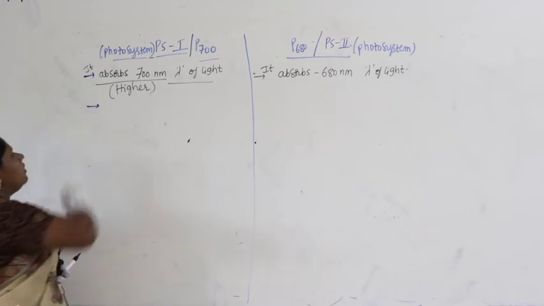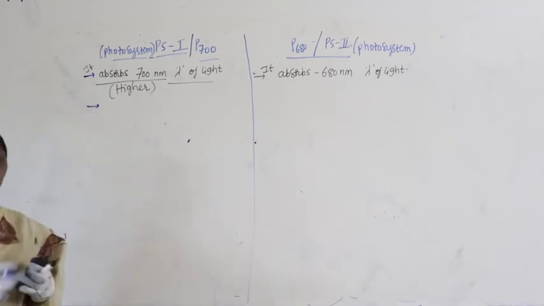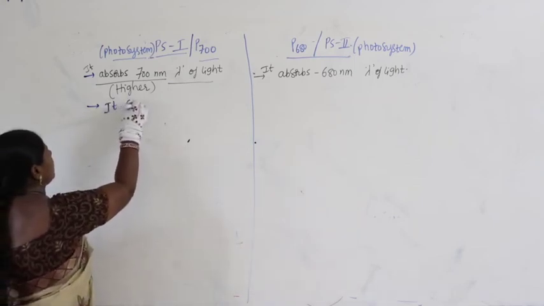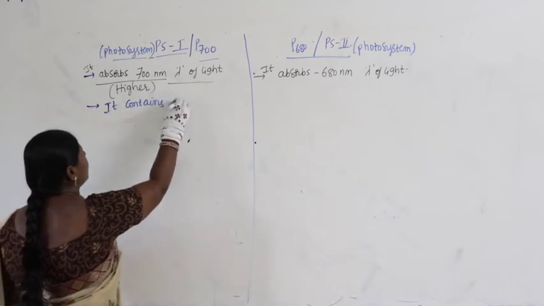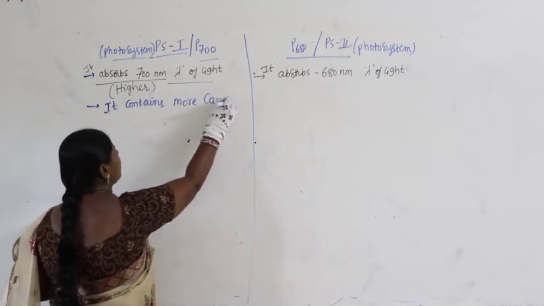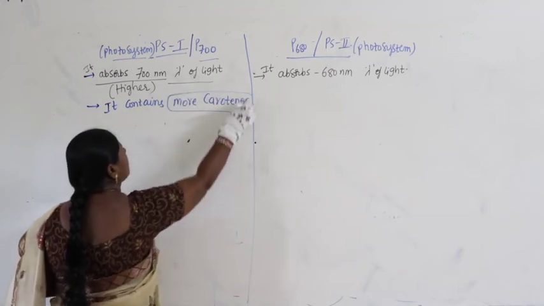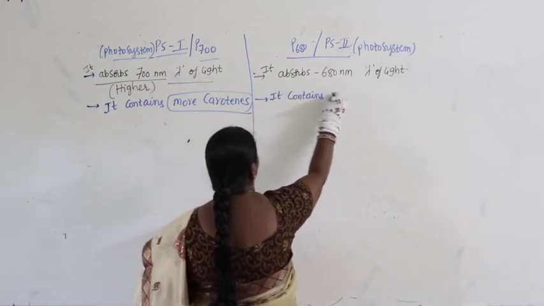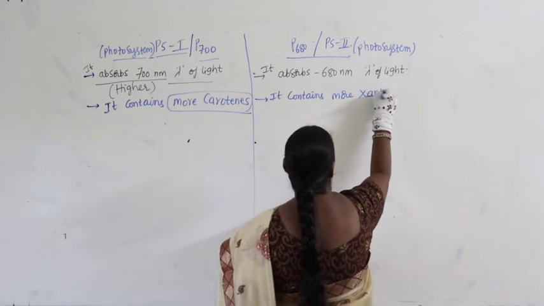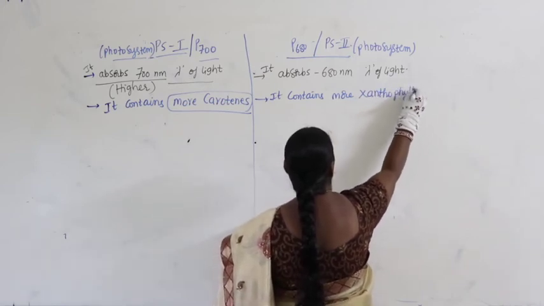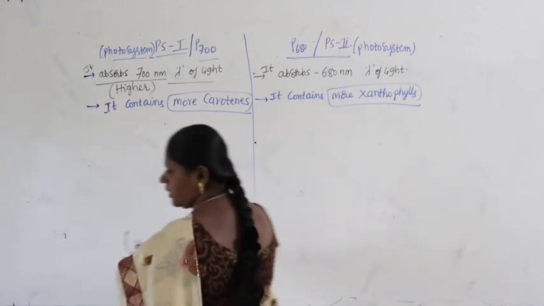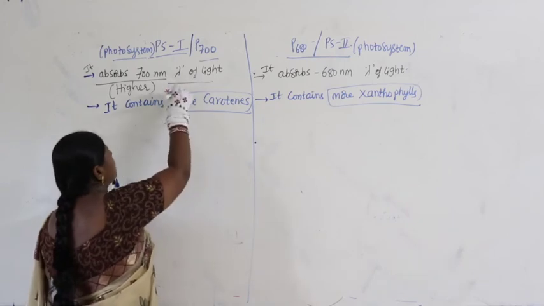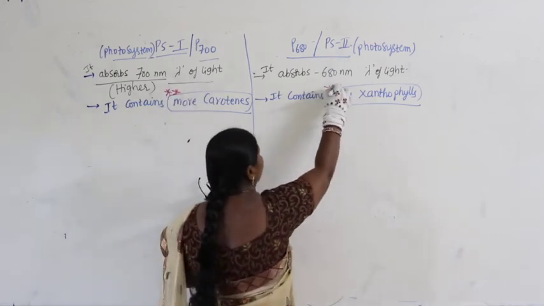Now when you look at the photosystem totally on the surface, here it contains, as I told you earlier also, more carotenes. Here it contains more xanthophylls. I think I told you very clearly earlier, here it contains more of carotenes and here more of xanthophylls.